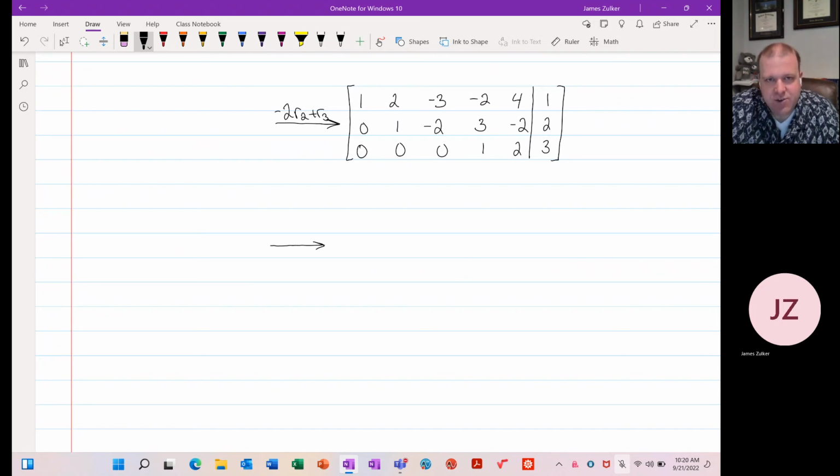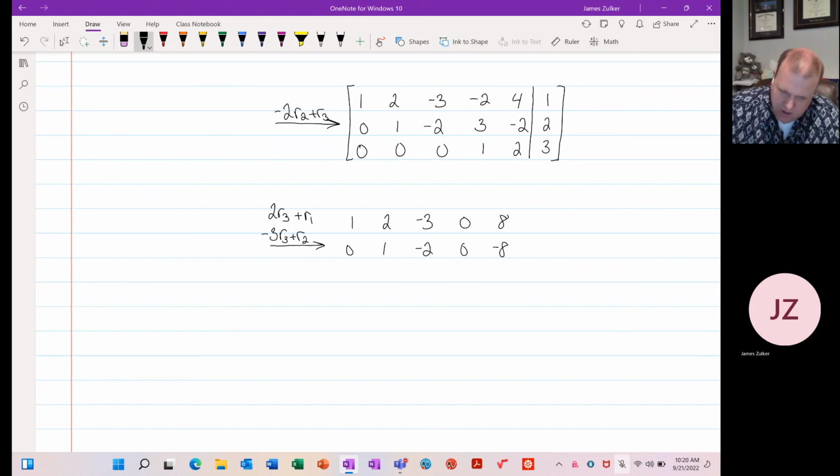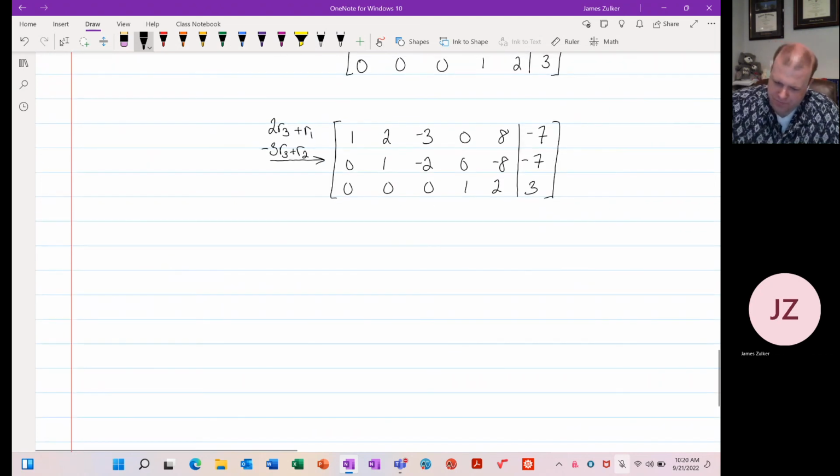So since that 3, 4 entry is our first leading 1, we clear out everything above it. The 2 entry is our next leading 1.